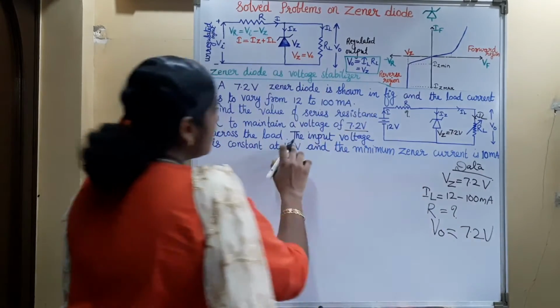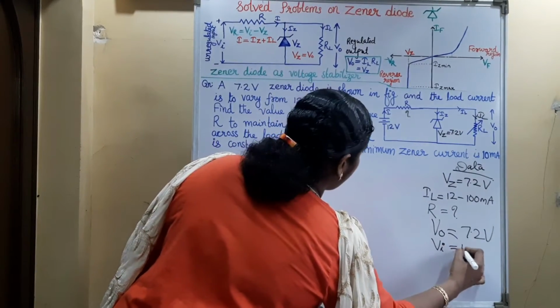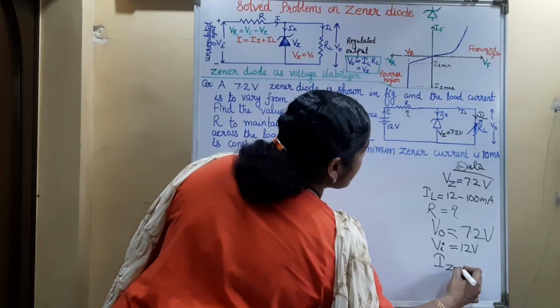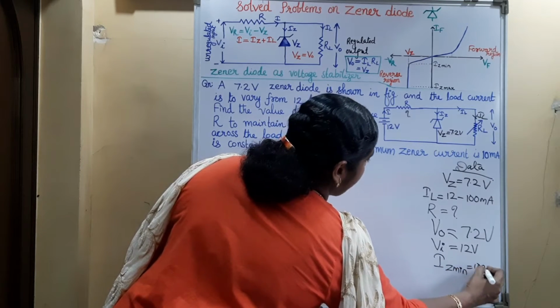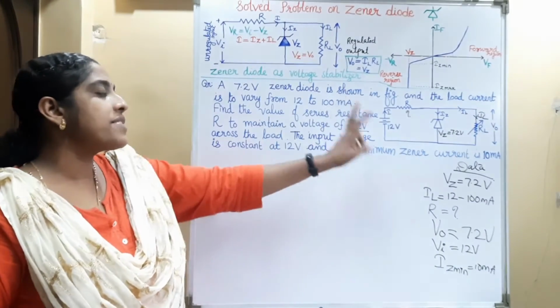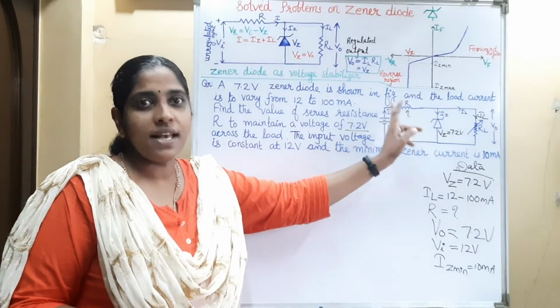The input voltage is constant and it is given as 12 volt and the minimum Zener current is given as 10 milliampere. So to find out the value of this series resistance, first we have to find out the voltage drop that occurs across this resistance.